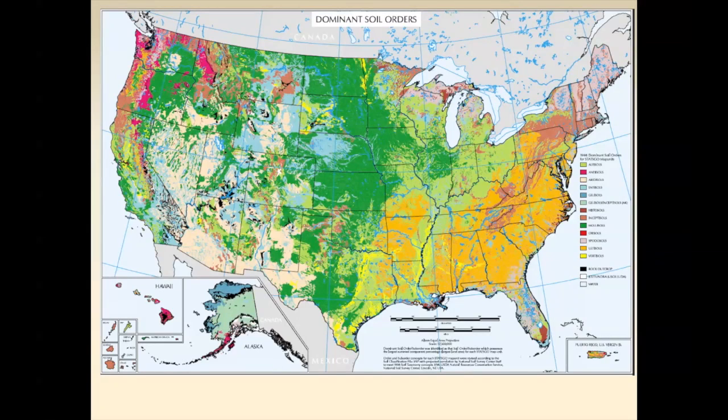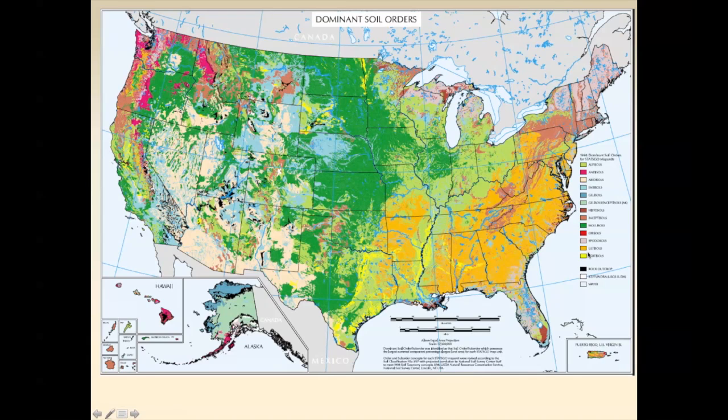So our soil order is always that syllable in the last part of this very long name. Let's have a look at what soil orders look like. If you look at the dominant soil orders in the United States, you will see that these colors mean different things across the country.